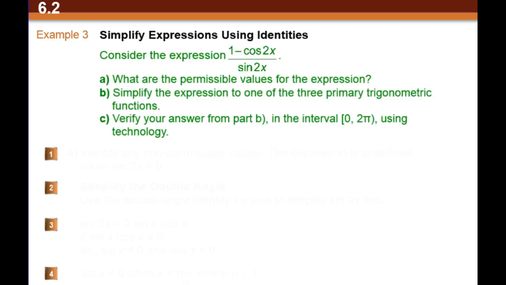Okay, so it's saying consider this expression. So we have minus cos 2x over sine 2x. They're saying, what are the non-permissible values? This is the part that we do not like totally, but we're getting there. Okay, so let's look at the bottom. We don't want the bottom to equal 0, correct? So let's look at what sine 2x is. So if you look at your double angle identities on your sheet, what is sine 2x?